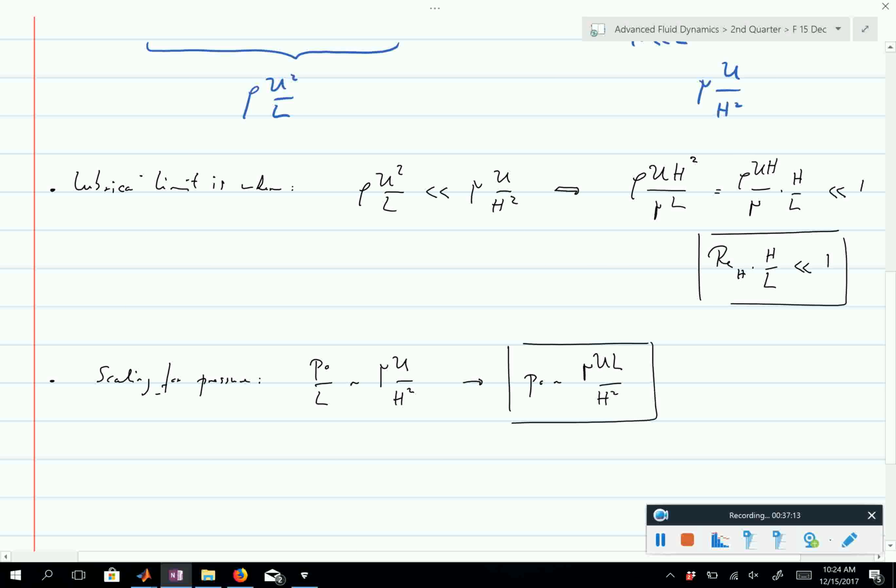And h is small, so P could be, doesn't have to be, but P could be very large. There will be some lubrication flows which will not be driven by pressure. So think, for instance, of the paint which you just leave on the wall. What do you think the pressure is going to be in the film?